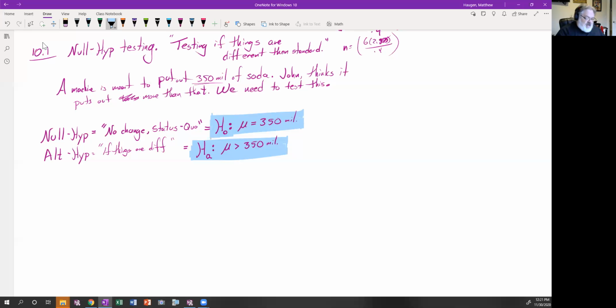So some language associated with this type of test. This is a one tail test. Why is it a one tail test? Well, what should be happening, our null hypothesis, says we should have a distribution that is centered around 350, right?